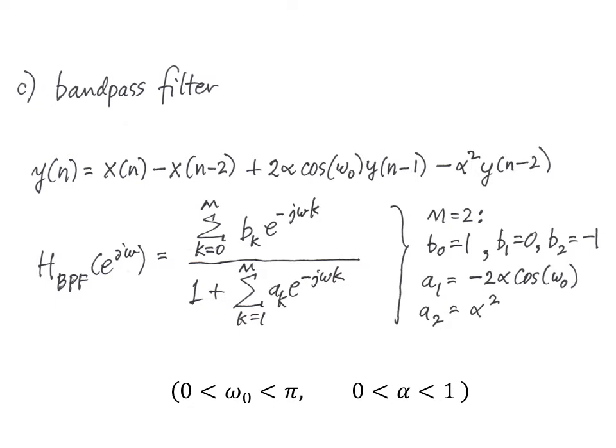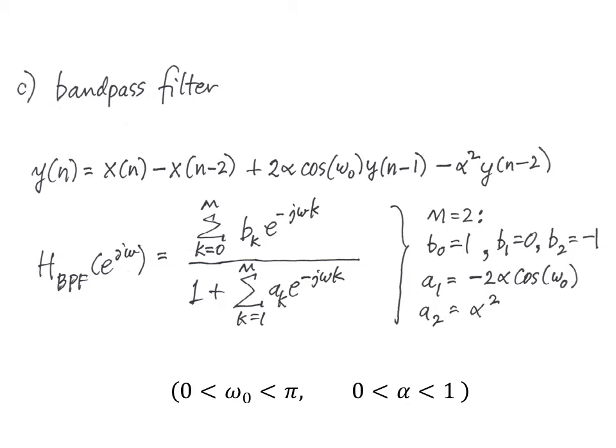The bandpass filter requires a higher order of difference equation to implement. With the bandpass filter, what we're trying to achieve is 0 transfer function magnitude at DC, 0 at pi, and then the peak somewhere in between. That peak will occur at omega naught, a parameter that is selected here as the argument of the cosine in the scaling factor to y[n-1].